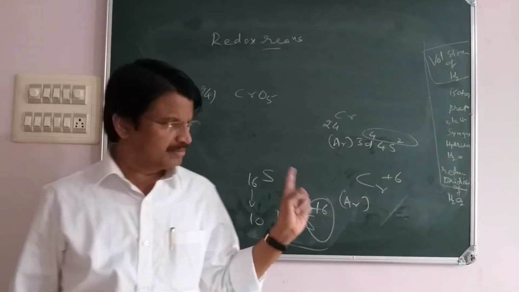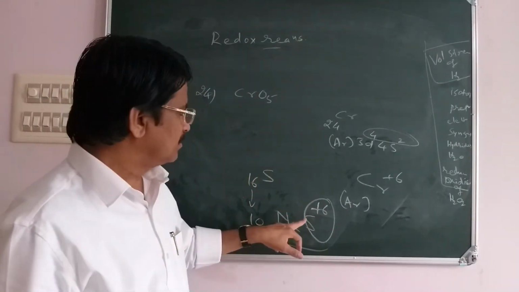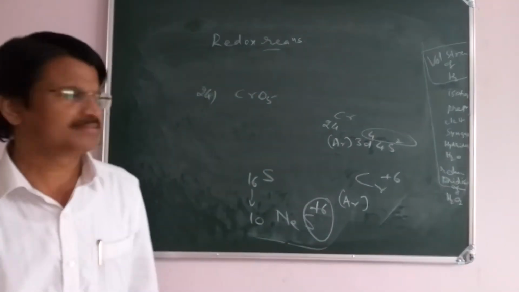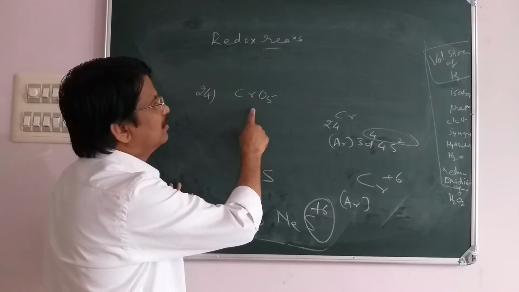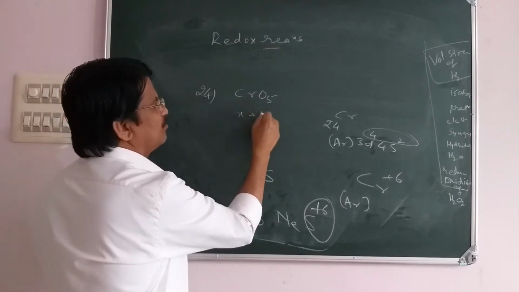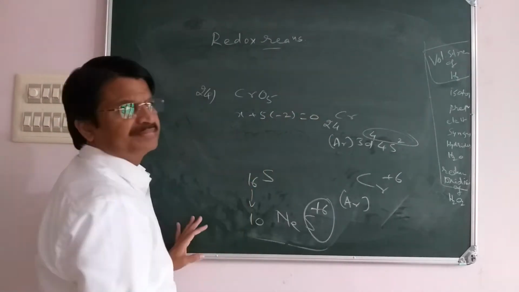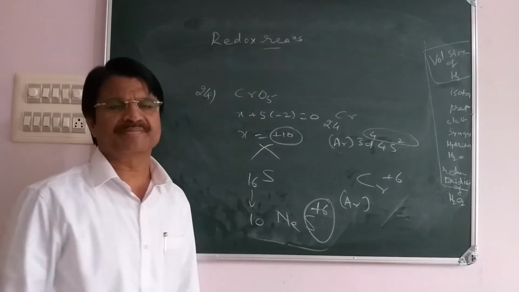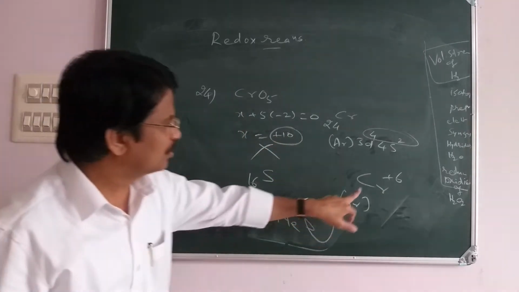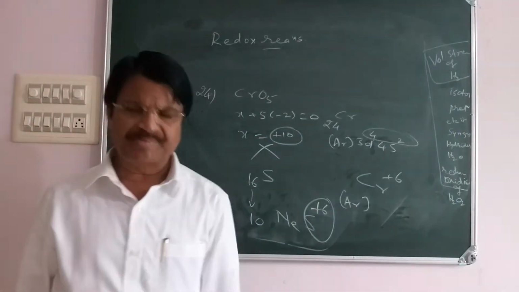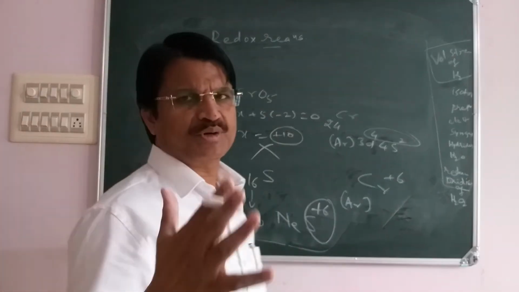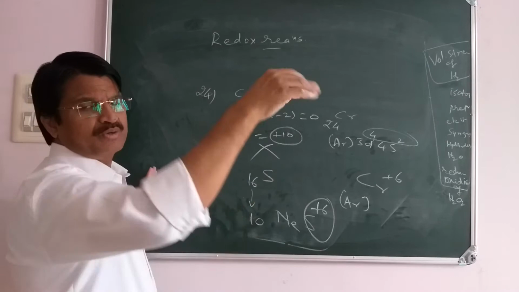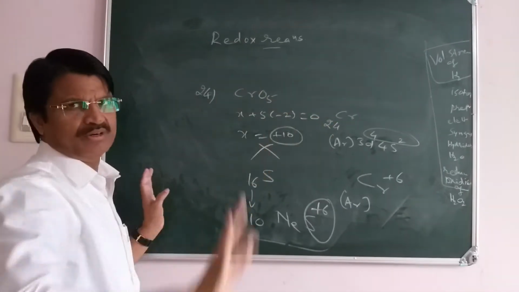So remember these: sulfur last oxidation number +6, chromium last oxidation number +6. But in this molecule, oxidation number of Cr, x plus 5 into minus 2 equal to 0, x equal to plus 10. It is wrong, because it is more than 6. I told you chromium should be +6 at most. +5, +4, +3, +2, +1 are allowed, and +6 also allowed, but +7, +8 and more than +6 not allowed.